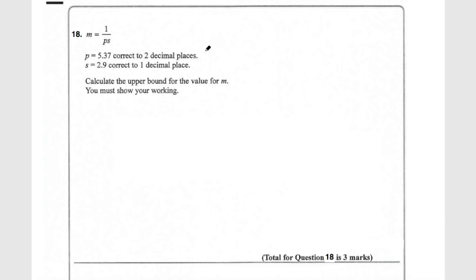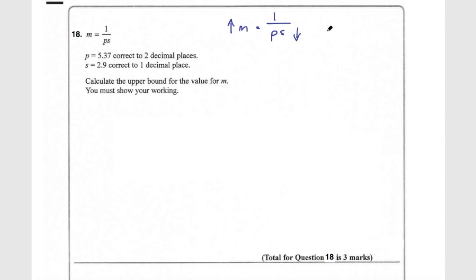Okay, so the trick here is that because m equals 1 over p times s, we can't just take the upper bounds of these numbers and plug them in, because you need to think if we want the highest value of m, we want the lowest value of p and s.